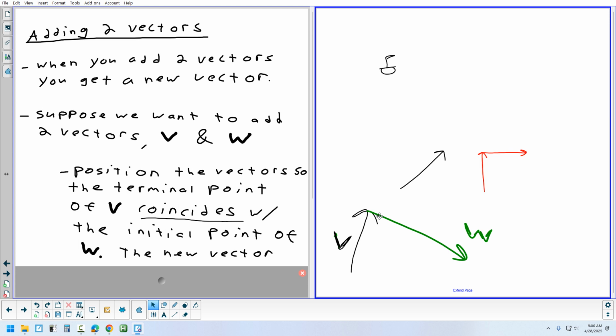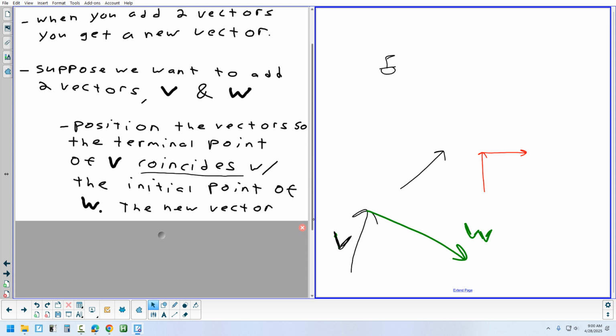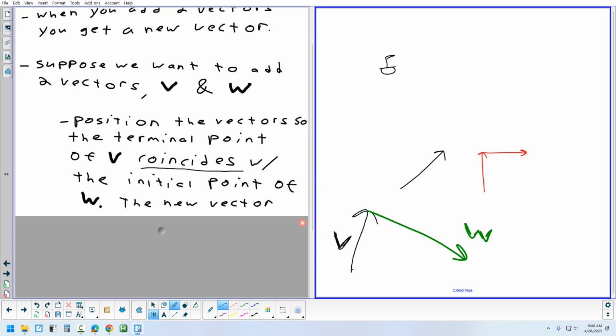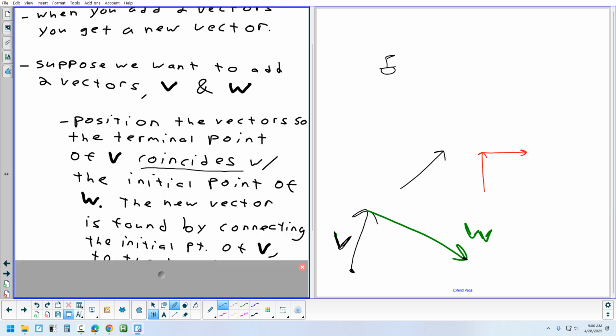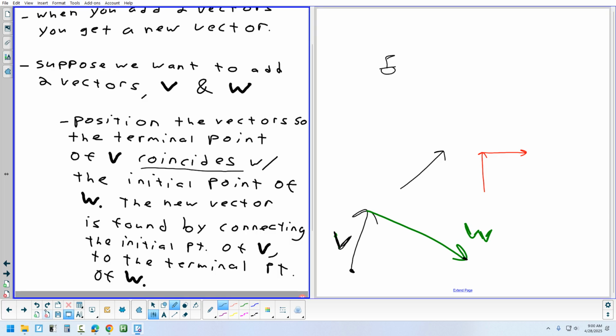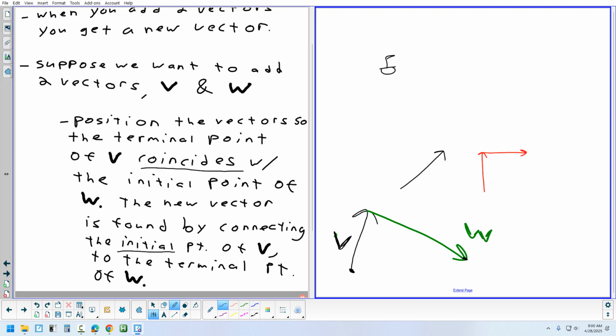That's the first step. Now the last step is to connect where you started to where you finished. So the new vector is found by connecting the starting point of the first one, so the starting point of v, and the ending point of w. Start of v, end of w, and make a straight ray between the two. Just like that.